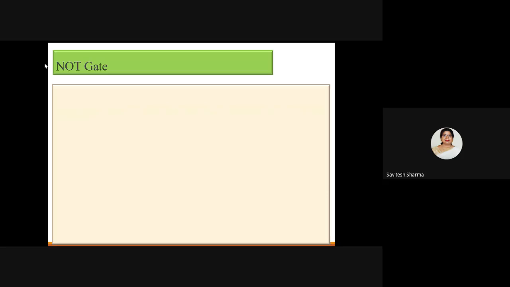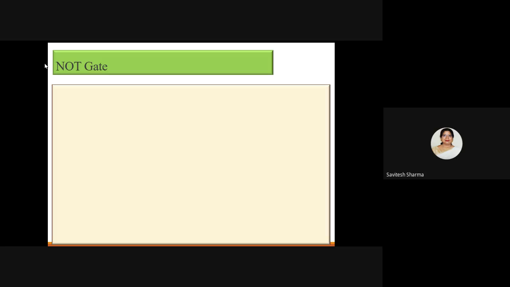So let's see what the NOT gate is. I will explain the theory of the NOT gate. I will also explain, if you are really using the NOT gate, how you will do the experiment in the lab.